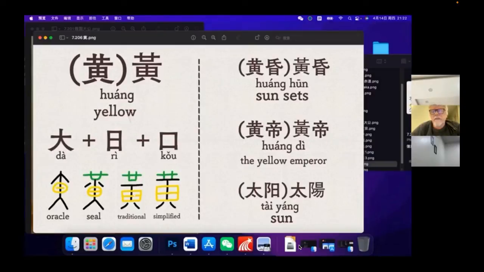The sun takes a path through the stars, and that path is in Chinese called the Huang Dao, the yellow path. The yellow path is the path of the sun. And they have another word, Bai Dao, which is white path. That's a path of the moon.